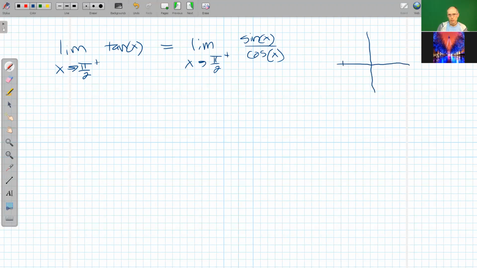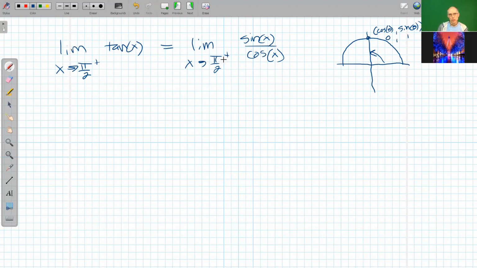And I'm going to think about that for a minute just on the unit circle. On the unit circle, I really only need to see the top part here. And an angle of pi over 2 puts us over here at this point. And remember, on the unit circle, x value is the cosine of the angle, y value is the sine of the angle. And at that point right there, x is equal to 0 and y is equal to 1.